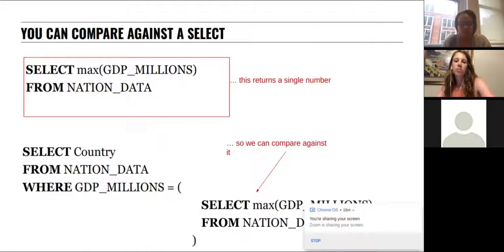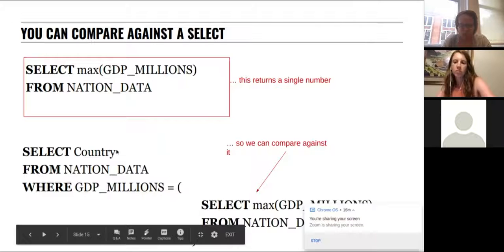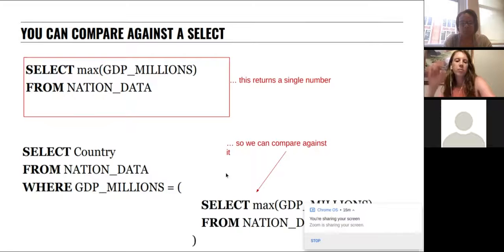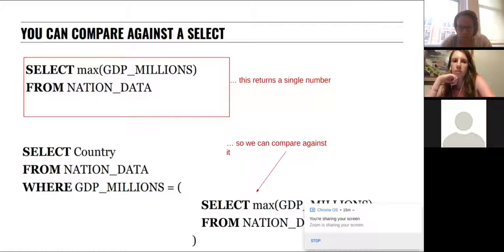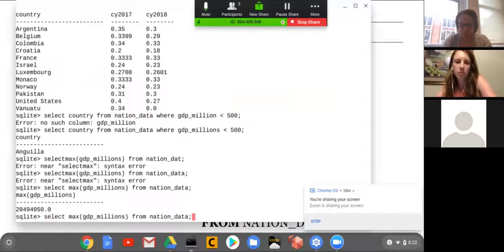So that's going to tell me the country in the nation data table where the GDP millions is equal to some value. And of course there's only one there, but it could well be several. If there were several countries that were tied on GDP millions, then this query would return multiple values. But let's just run it and we'll see what it looks like.